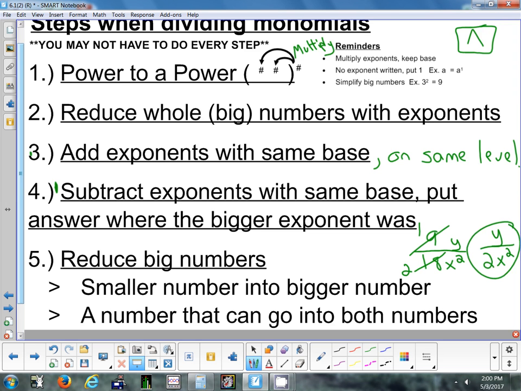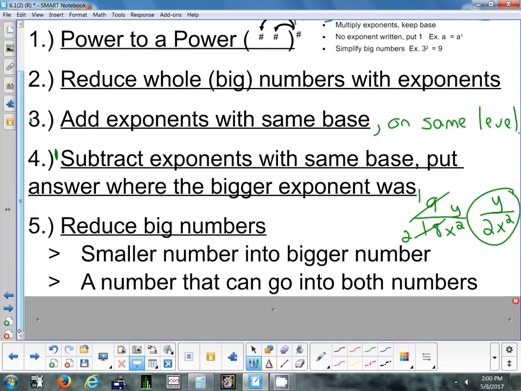Another way is, let's say I had 12 over 15 a b to the second. I check first, which one's smaller, 12 or 15? Can 12 go into 15 evenly?